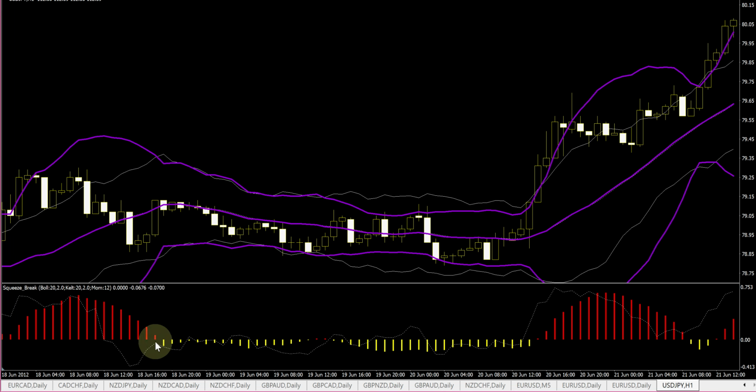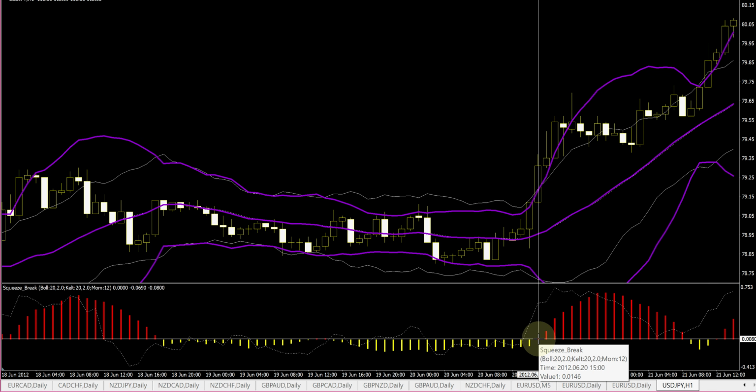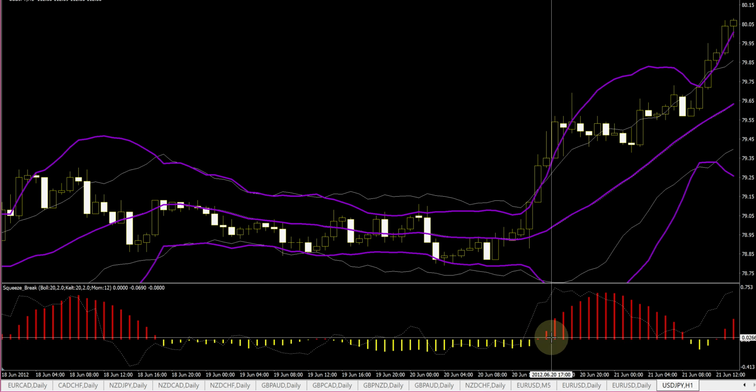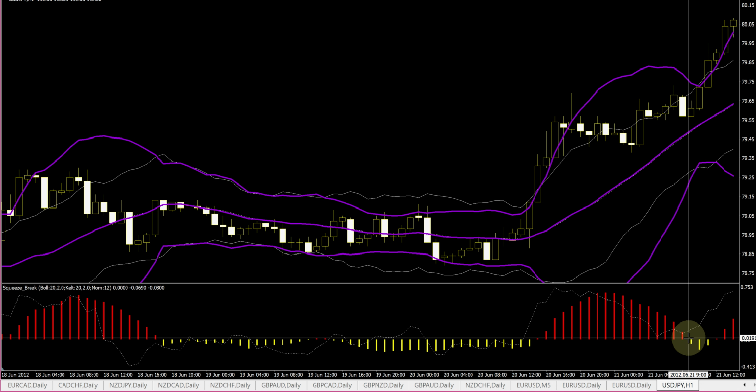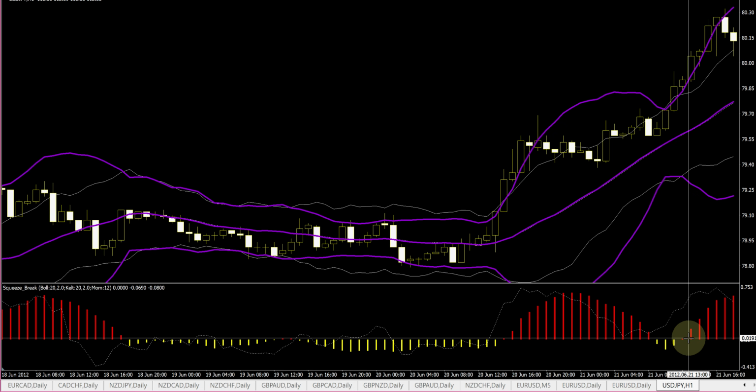So here it is telling us that we are in a squeeze. We should be getting ready for explosive breakout, and here we go. We have the explosive breakout at the end of consolidation here. Then the breakout continues until we got over here and we started another consolidation.